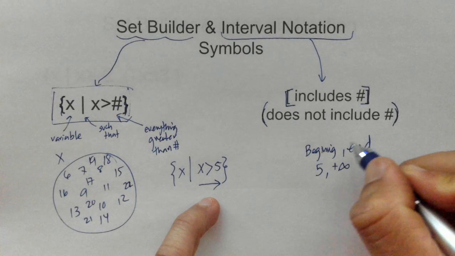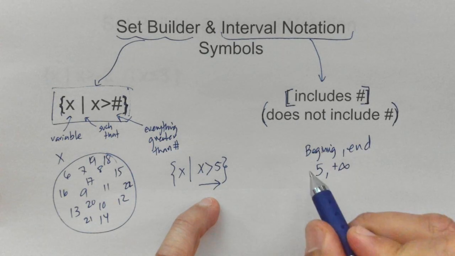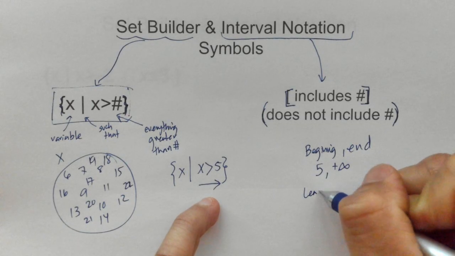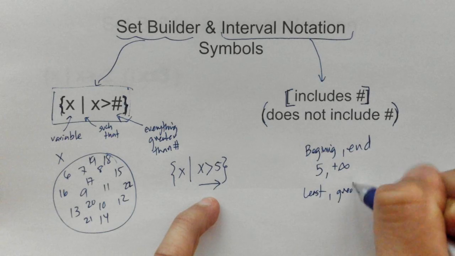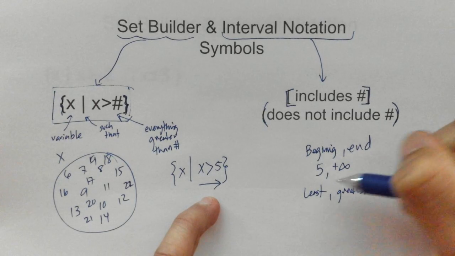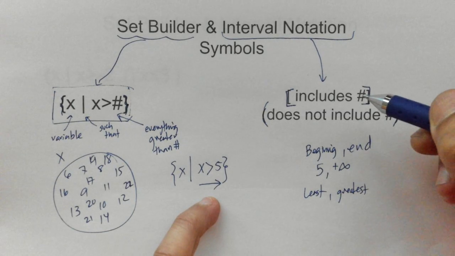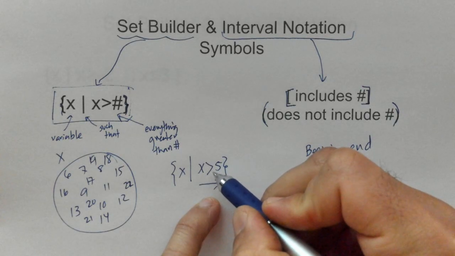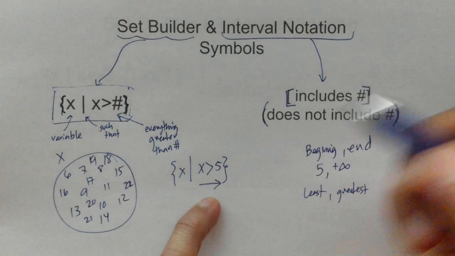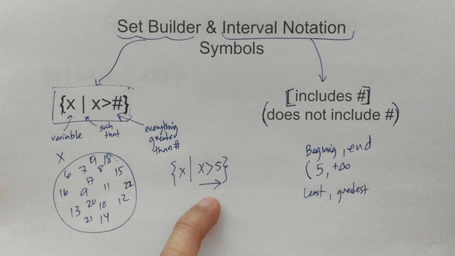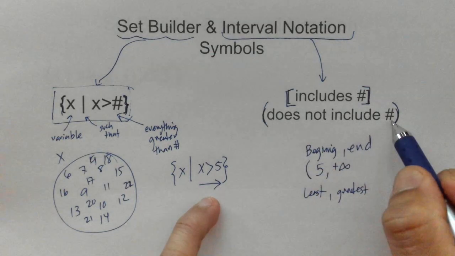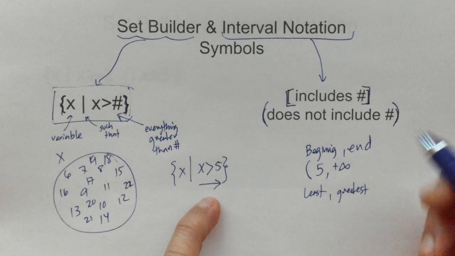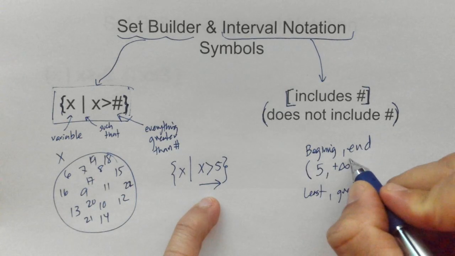It doesn't really end, but it's moving in that direction. It's from least to greatest, right? We're always going to write things from least to greatest. Now, around it, I'm going to either put a bracket or a parentheses. Since this value does not include 5, right, it's everything greater than 5, we're going to use a parentheses because it does not include the number. And notice as we approach positive infinity, we will also never be able to reach it, so we will also use a parentheses.